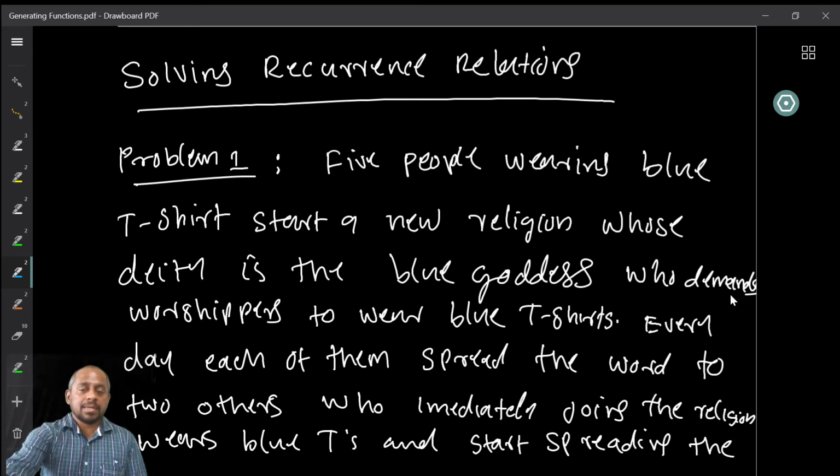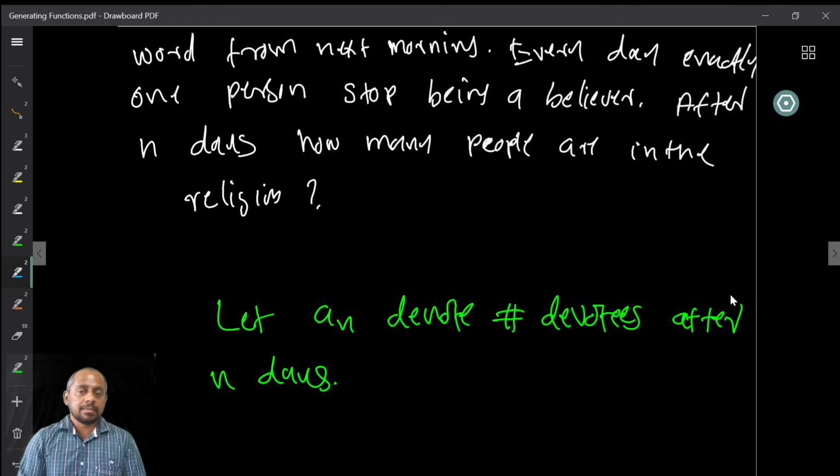From the next morning onwards, those new people will also start spreading this, and again tell 2 others, who will also join. But every day one person out of all of them says, I am stopping the belief. Whatever the group is, just one person stops believing. Now how many people are there in the religion?